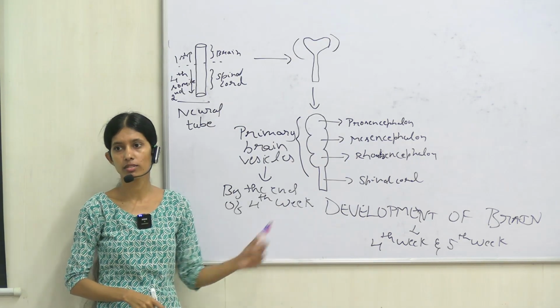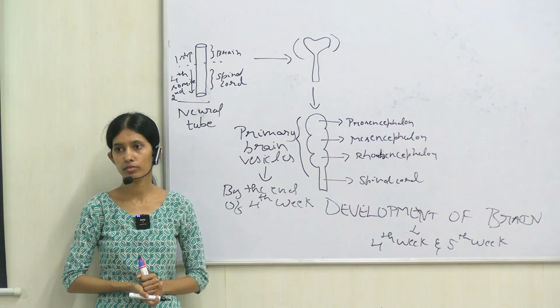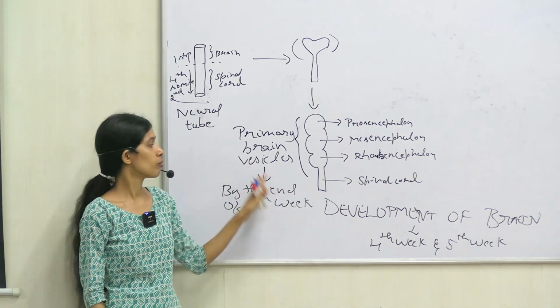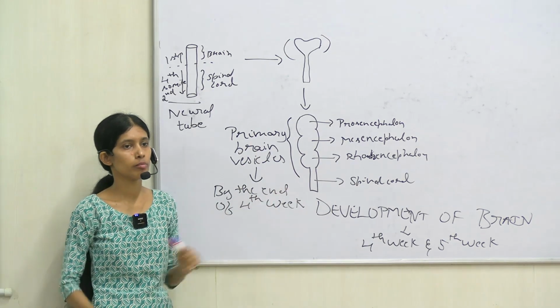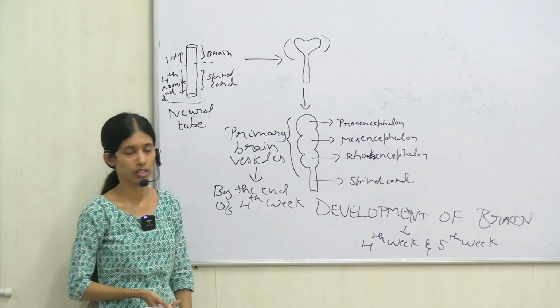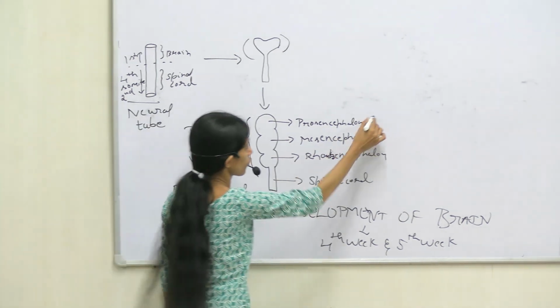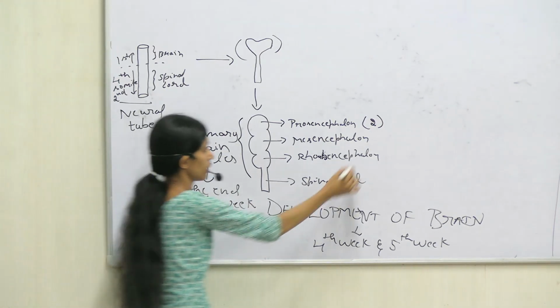Any doubts on this? Okay. Later, by the beginning of the fifth week, these primary brain vesicles will give rise to secondary brain vesicles. This prosencephalon will divide into two parts, whereas your mesencephalon will remain the same.